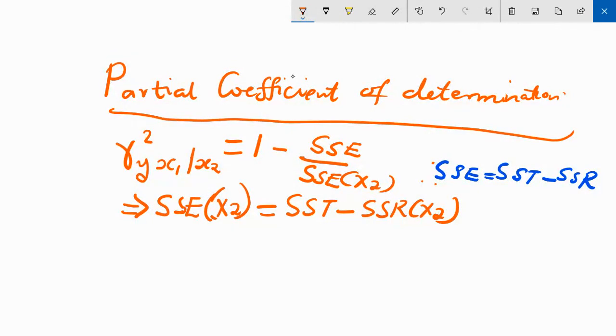Same applies if you are asked to find R squared of Y, X2 given X1 now. What will be the formula? Relate to the one on top.